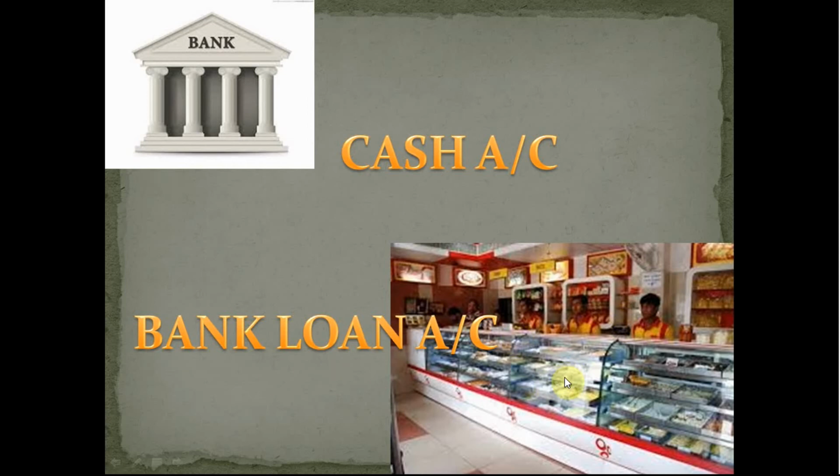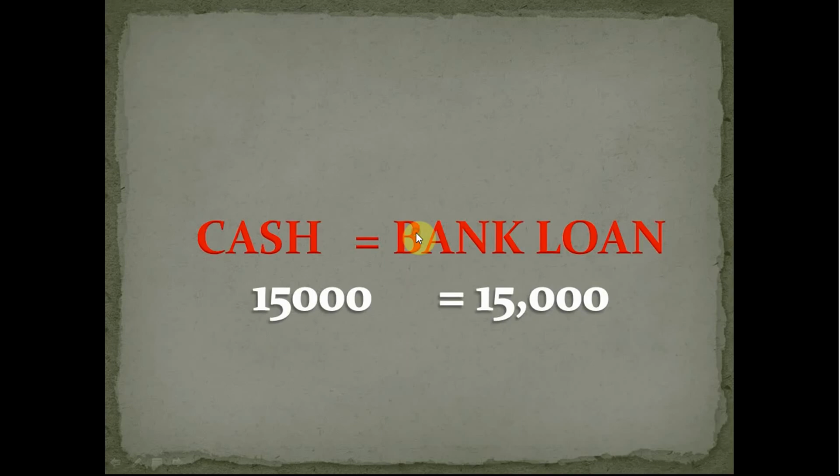This transaction hits the cash account and the bank loan account equally by 15,000. So the accounting equation B: cash equals bank loan, that is 15 on the left and 15 on the right.